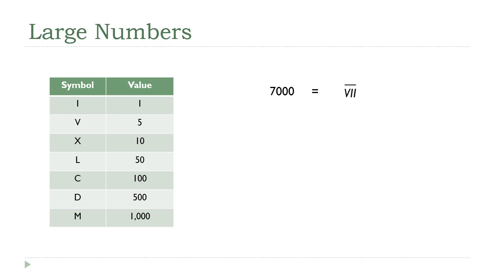Now, this is an area where the rules do start to get a little vague. We could also write this as V with a bar over it, that's 5 times 1,000, or 5,000, plus 2 M's, right? That would be 5,000 plus 2,000, which would also bring us up to 7,000, right? So sometimes here with these larger numbers, there may be more than one way to translate a given decimal number into its Roman equivalent.